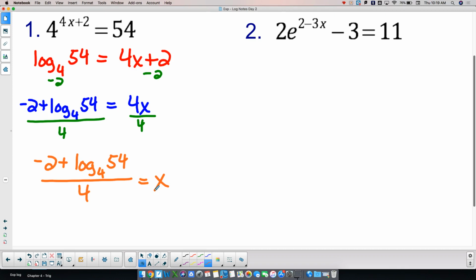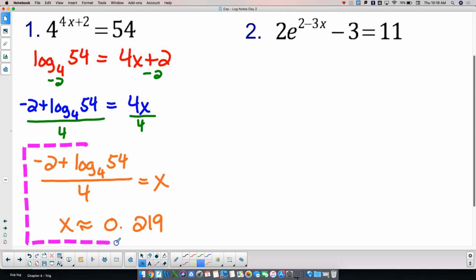I get x is approximately 0.219. And then I can plug that back in. 4 raised to the 4 times my answer plus 2 gets me 54. Yep, it works out on my calculator, on my check.